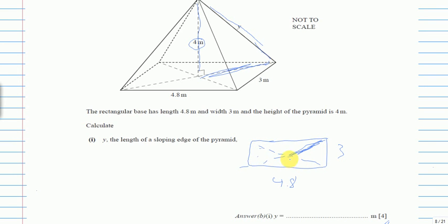Okay, because this is a rectangle, all these are 90 degrees. So if we just split it like this, this will become a right angle triangle, and we know this side and we know this side, and we are looking for the hypotenuse. Although we are not looking for the full side, we can find it and then divide it by 2 to find this side.